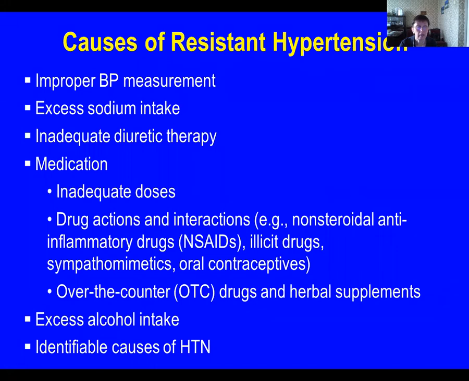Well, here we have also the list of causes of the resistant hypertension. What does it mean, resistant hypertension?